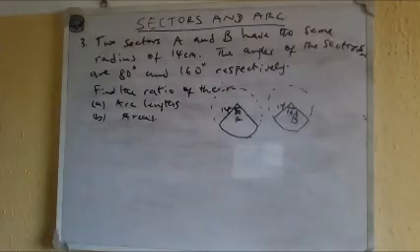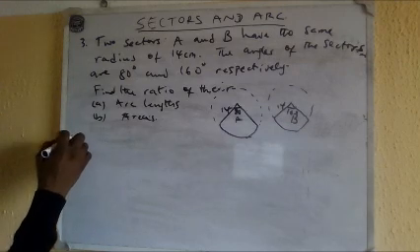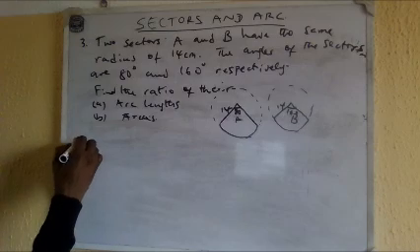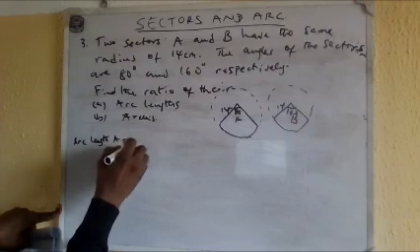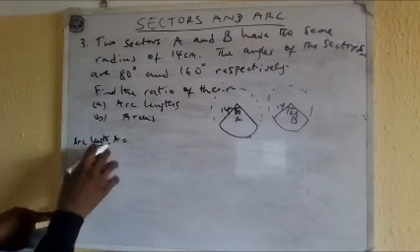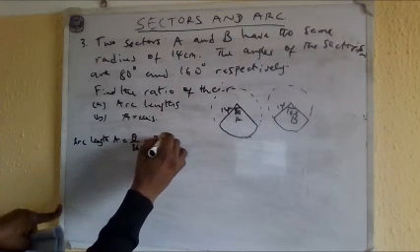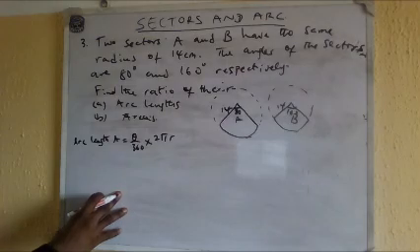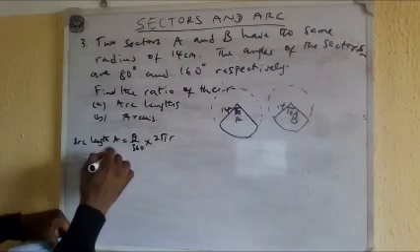So they say we should find the ratio of their arc length. Arc length A is L equals theta over 360 times 2 pi r. What is the radius of A? It is 14.